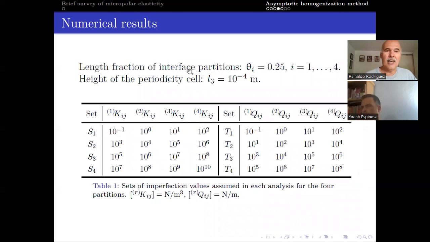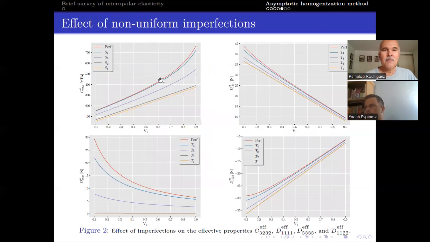And to study that, we consider a set of imperfect parameters K1, 2, 3, 4 and Q1, 2, 3, 4, represented by S1 to S4 and T1 to T4, and the remaining particular parameters used for the numerical calculations are here, and these are the main and important results.